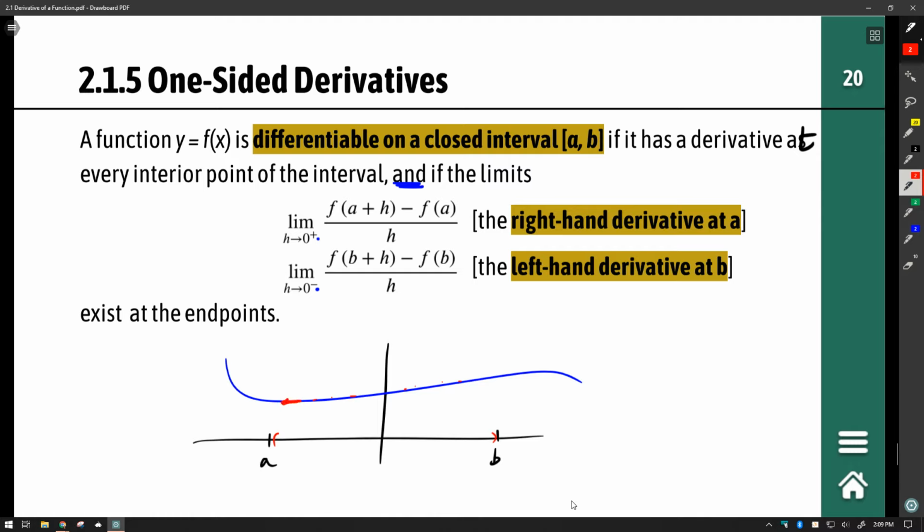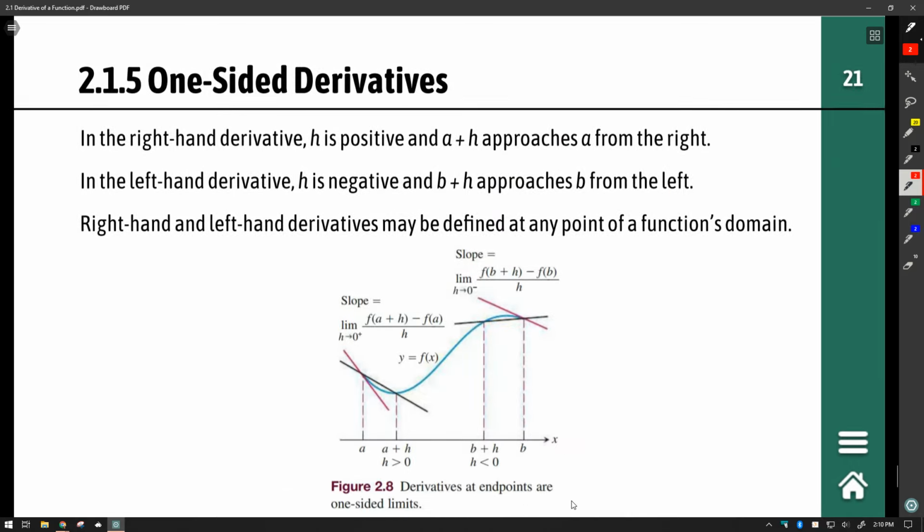So coming into a from the right, are we differentiable? And then we want there to be left-hand differentiability at b. So coming in from the left side of b, do we have a derivative? And if we're differentiable at a and b and every point in the middle, then we are differentiable on the entire closed interval.